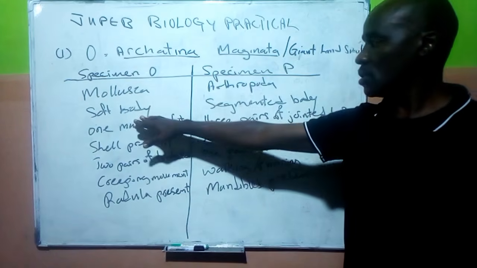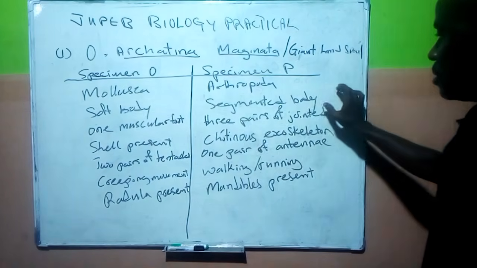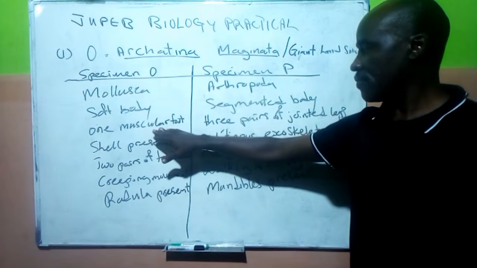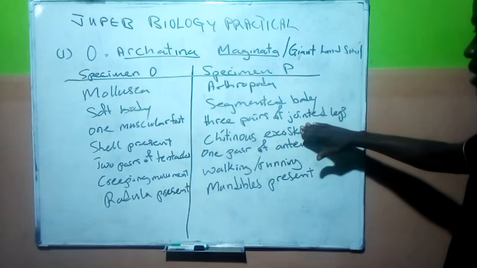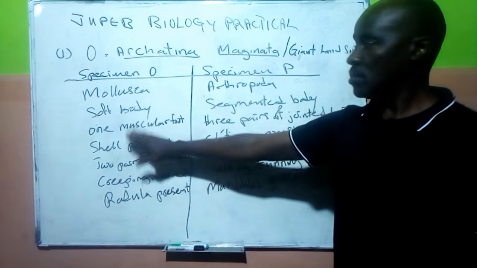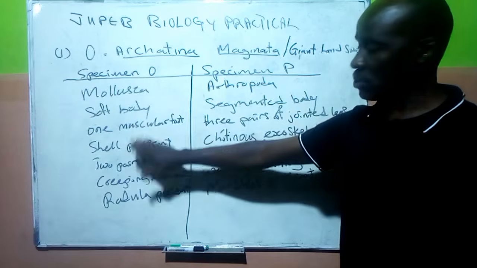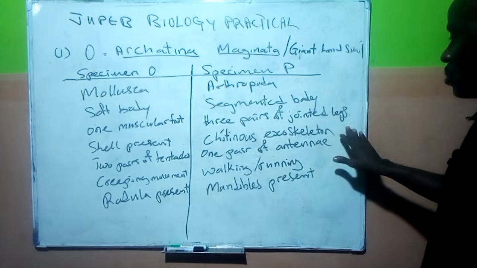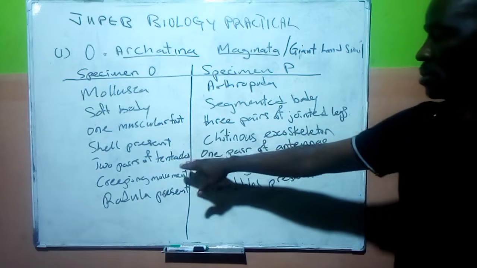The body of this one is soft, with a muscular foot, while this other one is segmented. This one has 3 pairs of jointed legs. Specimen O has a shell, while this one has a chitinous exoskeleton.